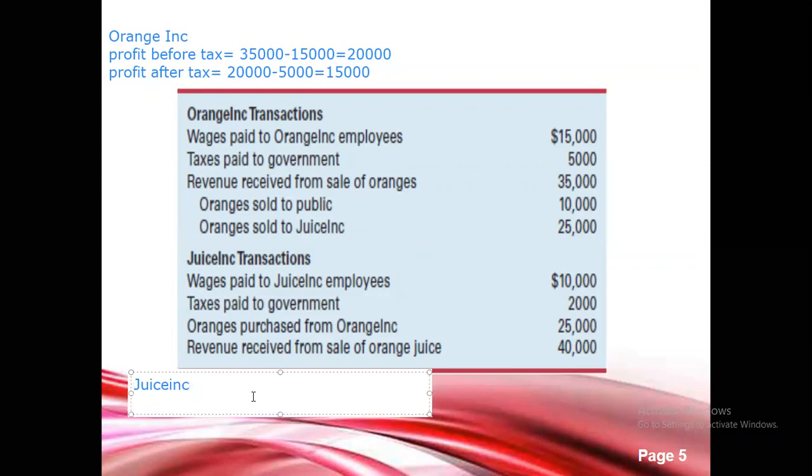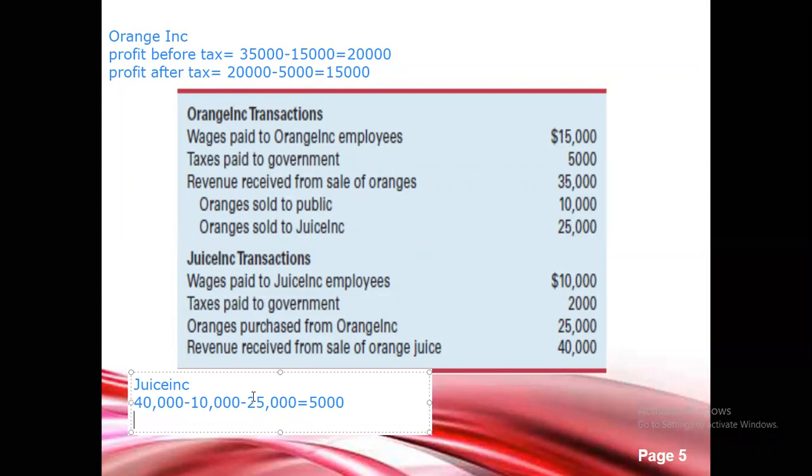The revenue they get is 40,000 minus wages. They not only paid the wages, but also bought some oranges from Orange Incorporate. So these are the two major expenses of Juice Incorporate. After subtracting them, you can get 5,000. I hope I am not wrong, right? 10,000, right? Fine. Now, profit after tax.